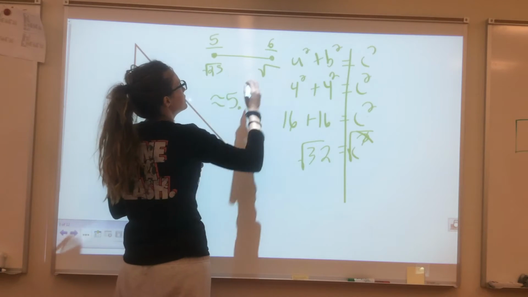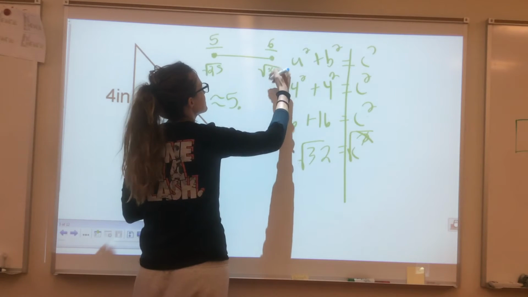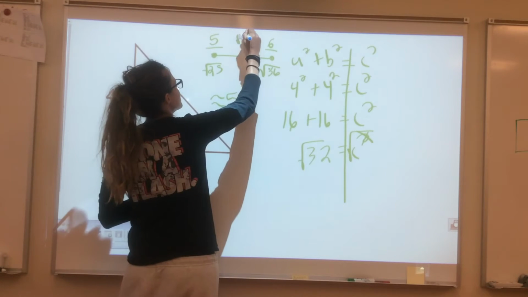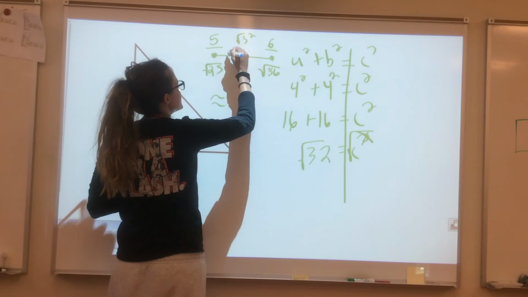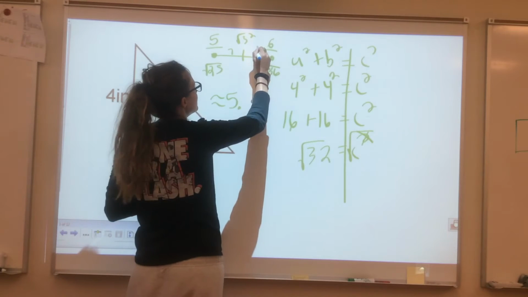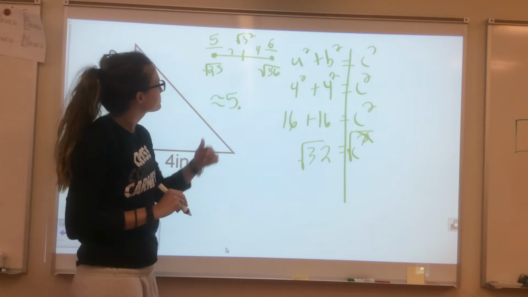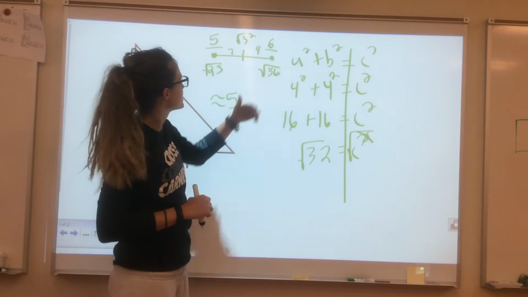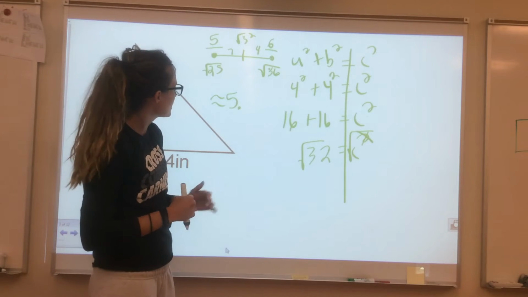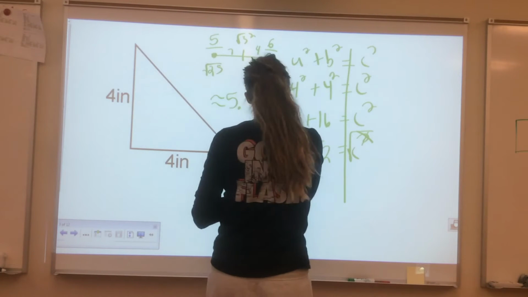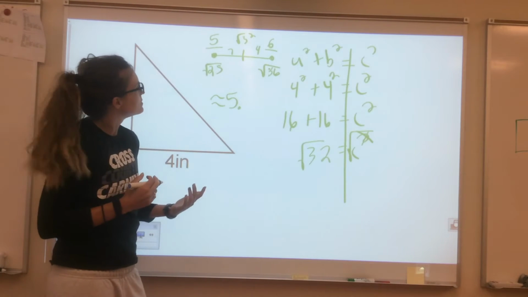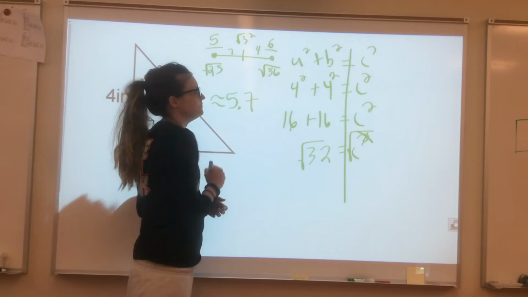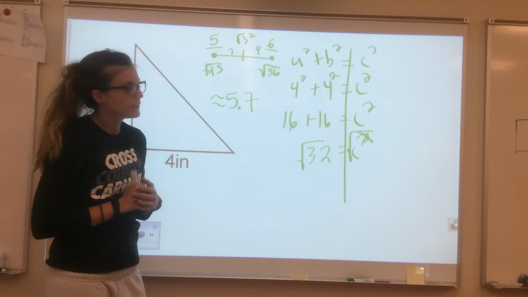Square root of 25 makes 5, the square root of 36 makes 6. 32 is 7 away from 25 and 4 away from 36. It is closer to 36, which is 6, than it is to 25, which is 5, so it's going to be on the higher side. So a good guess or an estimate would be about 5.7 or 5.8. Okay? Next question.